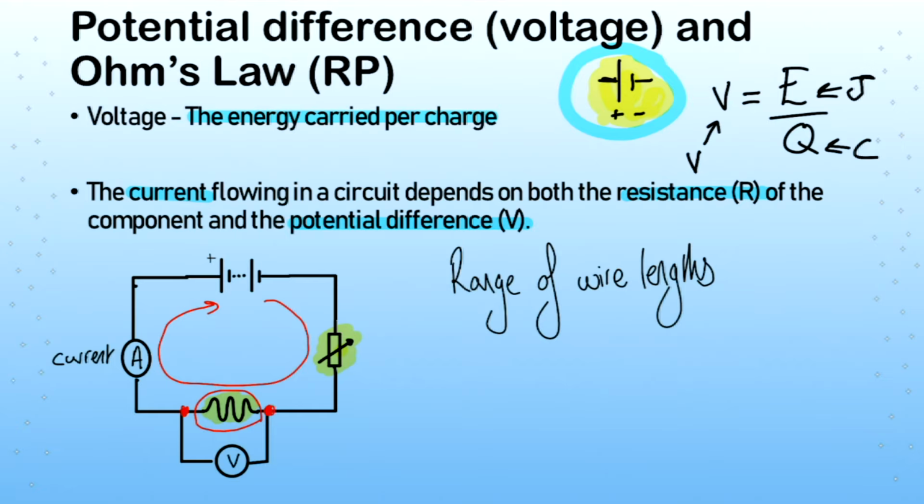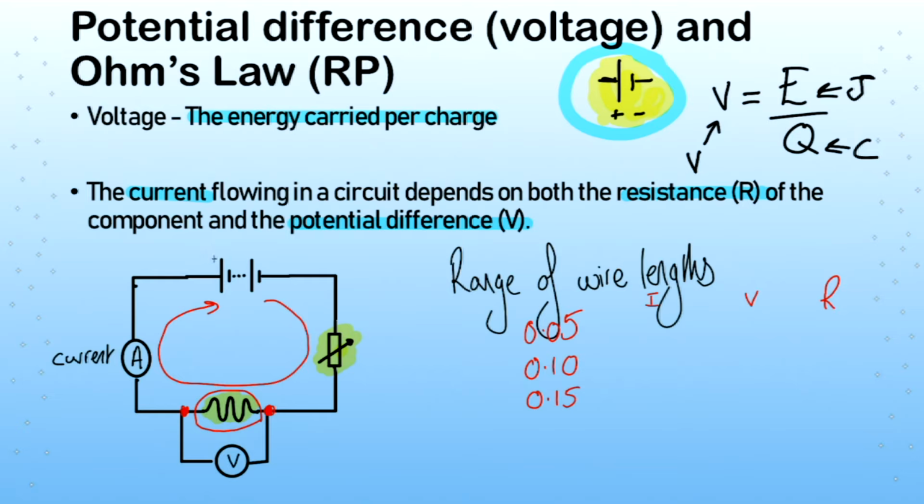So what you would have done is recorded the current and voltage of a range of different wire lengths. So you might have 0.5, 0.1, 0.15, regular intervals. You get a reading of your current, get a reading of your voltage, and what we can do with that is then work out the resistance in total.